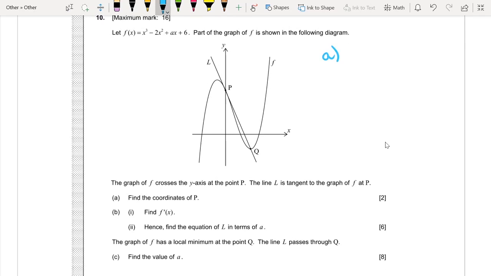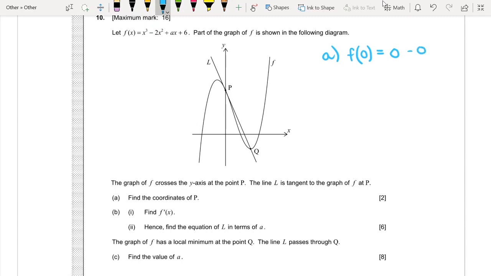We know that at the y-axis, the x-coordinate is 0. So we can simply input the x-coordinate into this function and find the coordinates of P. So let's do that. f of 0 is, well, 0 cubed is 0. Anything times 0 is 0, so let's just put minus 0.